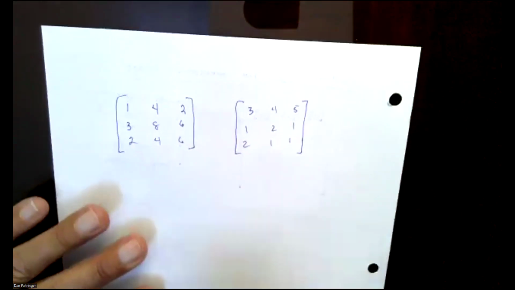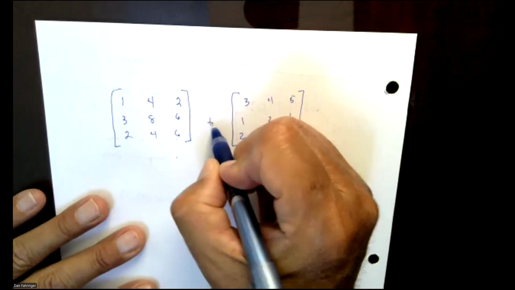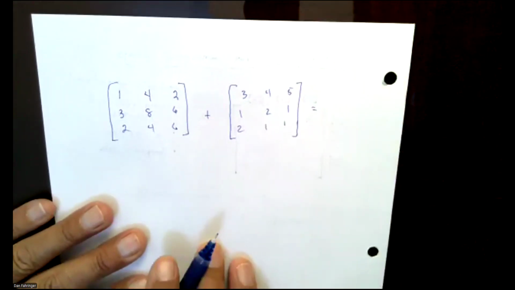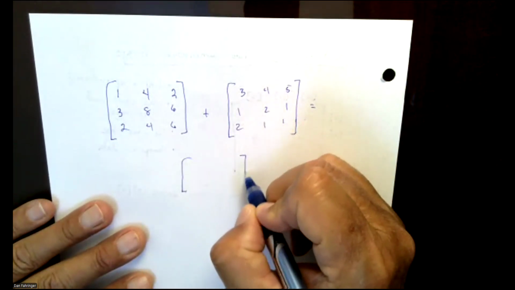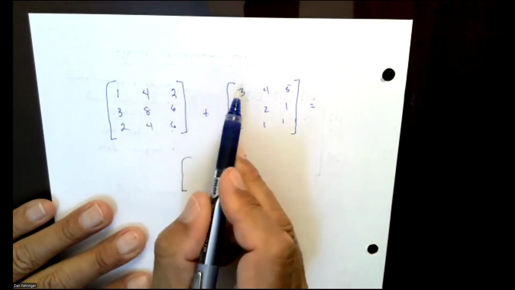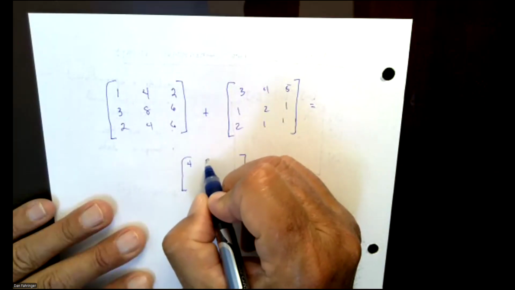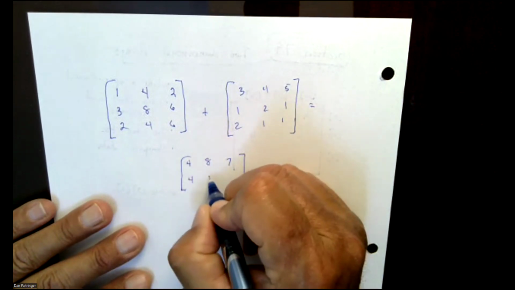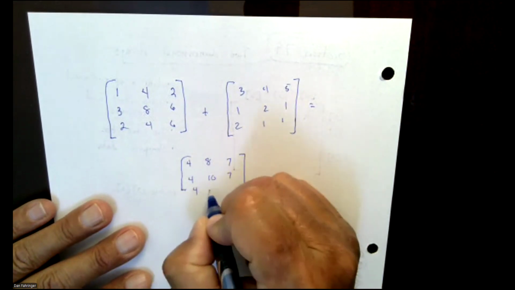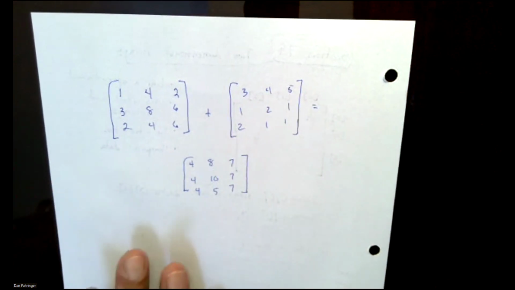And I said I'd like to add these matrices, my resultant matrix would be location added to location. 1 plus 3 is 4. 4 plus 4 is 8. 2 plus 5 is 7. And I would keep going on from there. 4, 10, 7, 4, 5, 7. Okay, the way to add matrices.